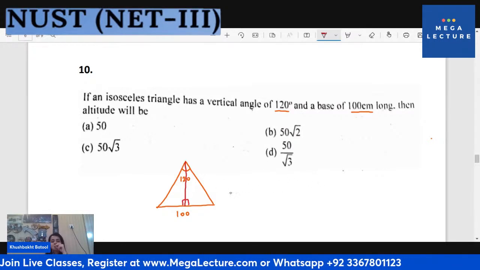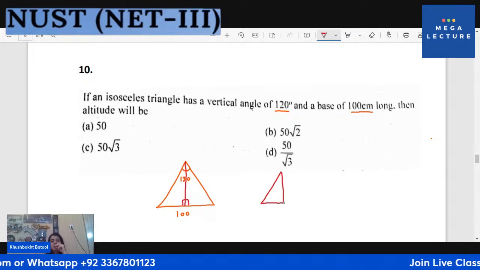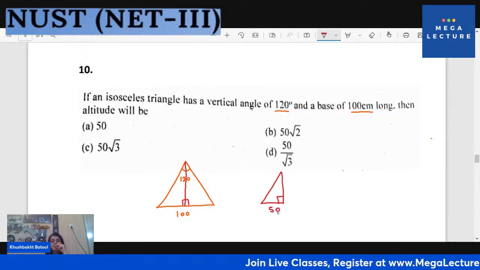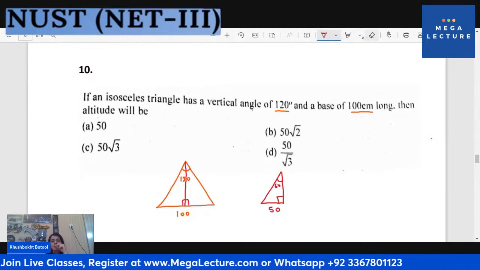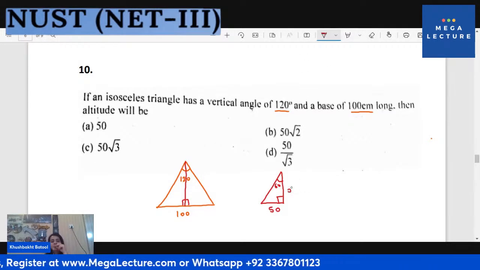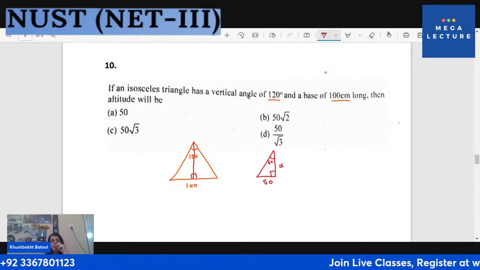So now, out of this big orange triangle, I can take out one half of it. The angle would be 90 degrees. Since it bisected, the side would become 50. Since the angle was bisected, it would become 60. Now you are interested in finding out this altitude, this height. So we have the perpendicular side, and you need to find the base.